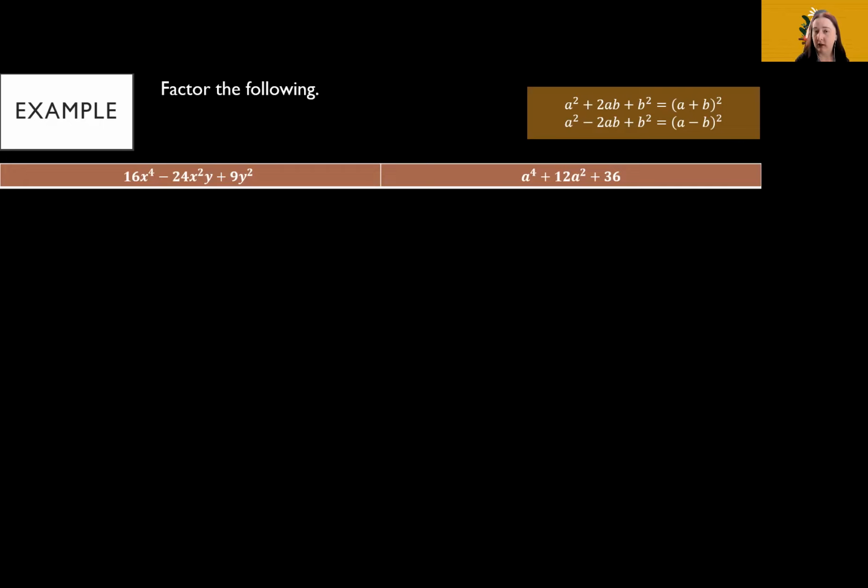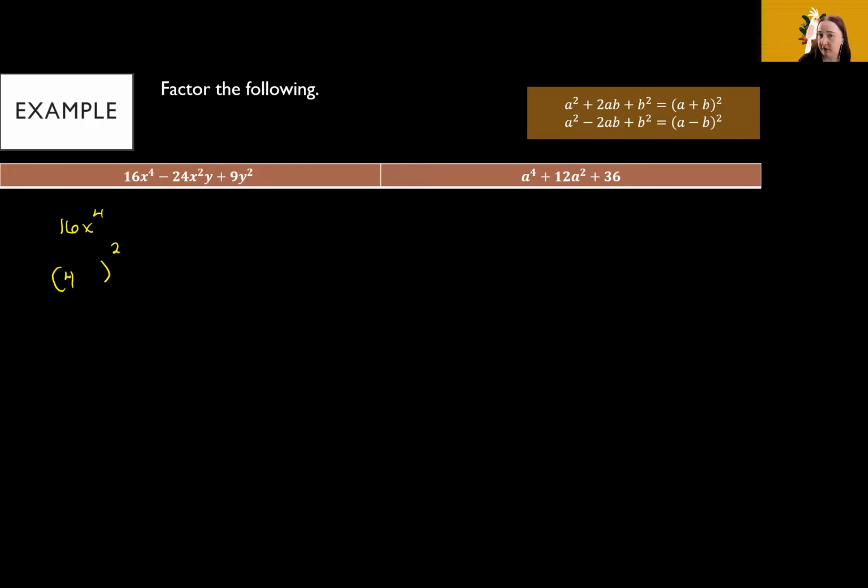So then we check, is this a perfect square trinomial? So the 16x to the fourth. 16 is 4 squared. So I know that if I square the 4, it will give me 16. And then what happens with even exponents is you can tell it's a perfect square if you can divide the exponent by 2.